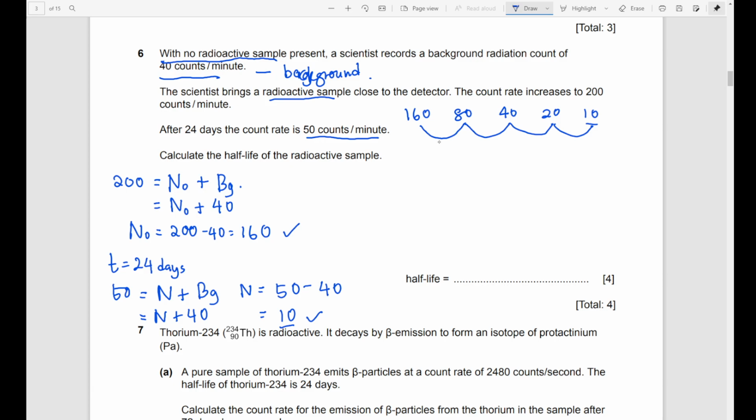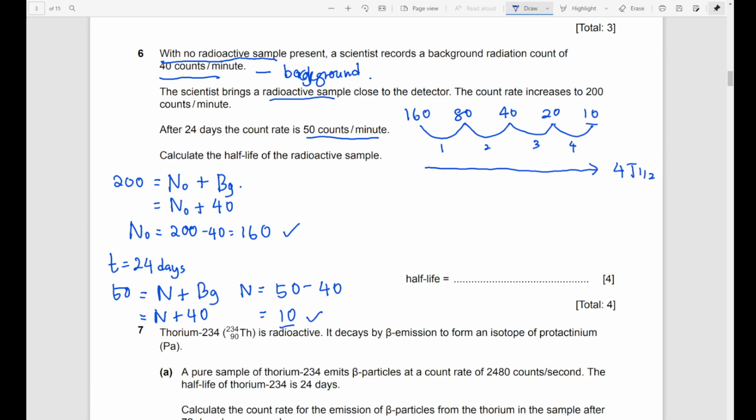will be experienced by this sample. So we have one half-life, two half-lives, three half-lives, and four half-lives. So that means the total time from 160 to become 10 is equivalent to 4 half-lives.